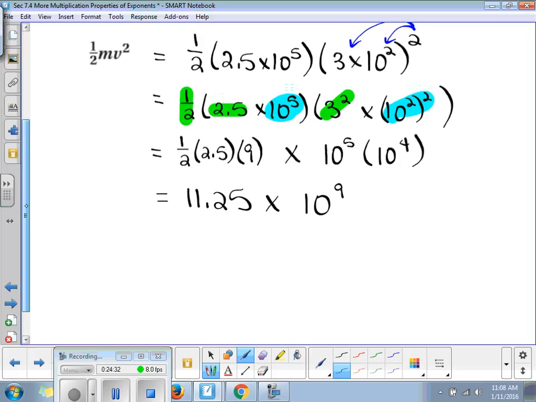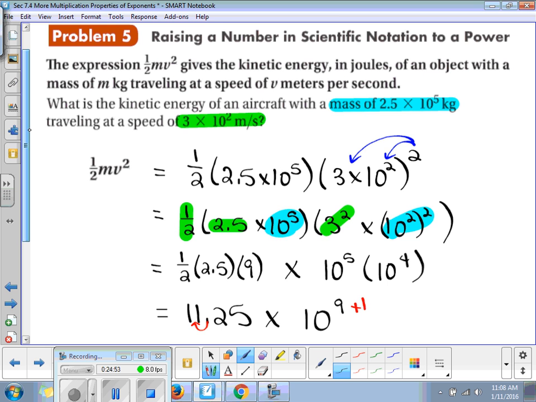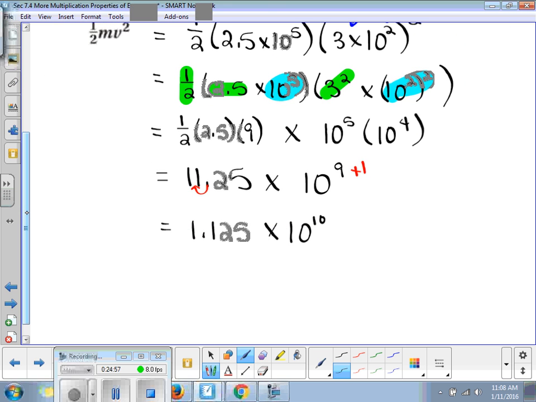So what do I need to do? Move the decimal to the left one. And when I move to the left, what do I do to the exponent? Add 1. You add 1. Very good. So our final answer is 1.125 times 10 to the 10th power. And that is going to be the kinetic energy in joules.